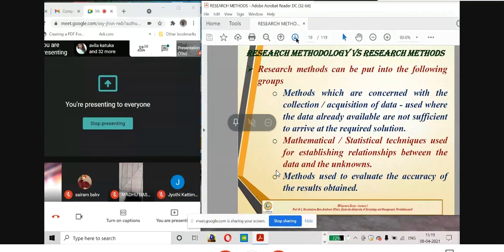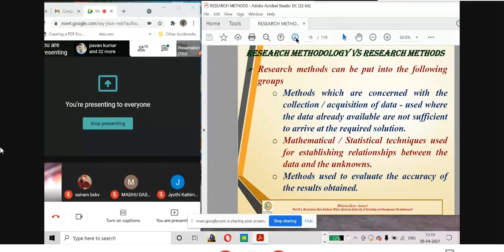Then once you get the data, you have to analyze them. So the second group of methods are mathematical or statistical techniques used for establishing the relationships between the data and the unknowns. See, in any research problem, there is an outcome, a behavior which you normally observe, and you are supposed to give substantiated justification for the occurrence of that particular phenomenon.